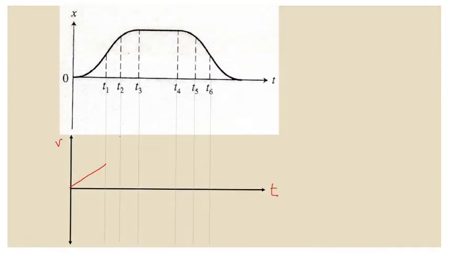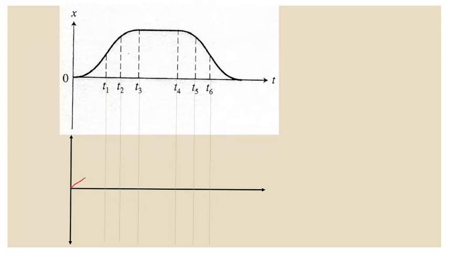And so from T1 to T3, the velocity should be coming down. Now this is hard to do on here, so I hope you bear with me, but it should basically just be a triangle.